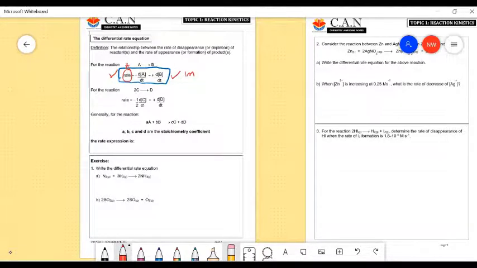As you can see here, at the front we have the stoichiometry 1A with 1B. We don't write that stoichiometry. So actually it is rate equals negative 1 over 1 dA over dt equals positive 1 over 1 dB over dt. Actually it is 1 over the stoichiometry. For example, for A it is 1. For B it is also 1. Here it is 1.